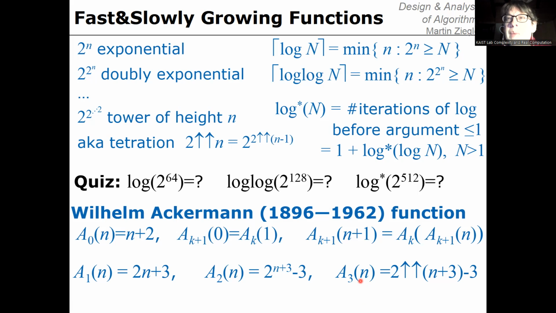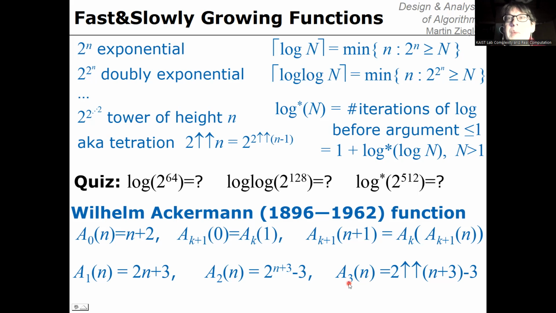Namely, we make a diagonal. So here we have fixed the level. So that's the first level, second level Ackermann function, third level Ackermann function on argument n. And diagonal means we're now going to consider the nth level Ackermann function on argument n. So now both grow, the argument and simultaneously the level also grows.